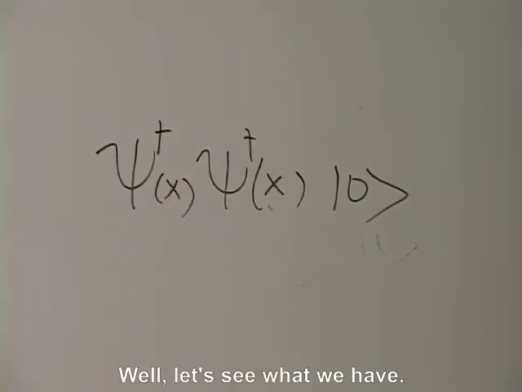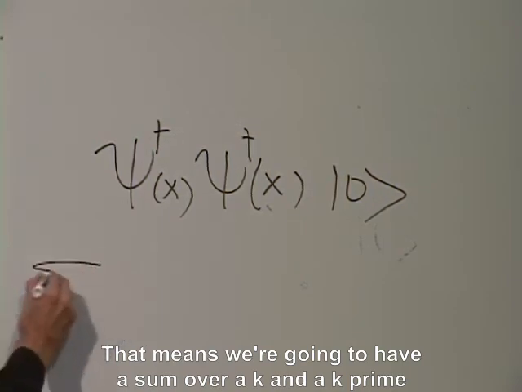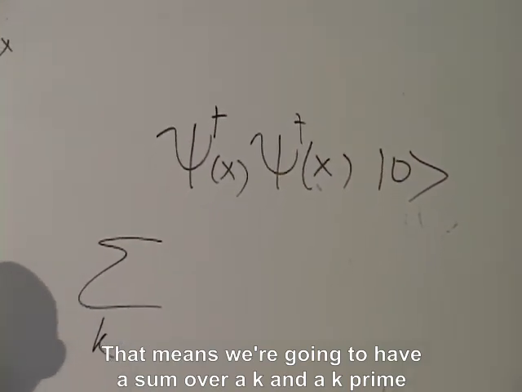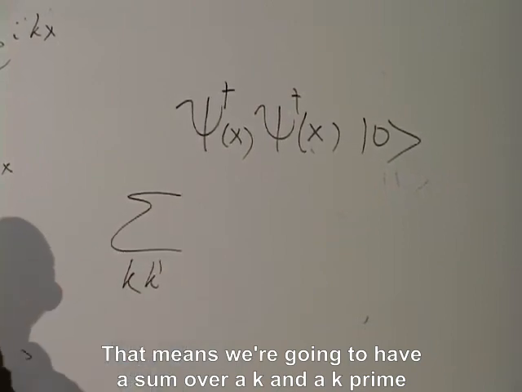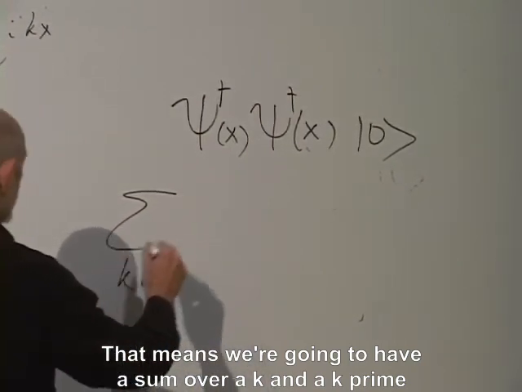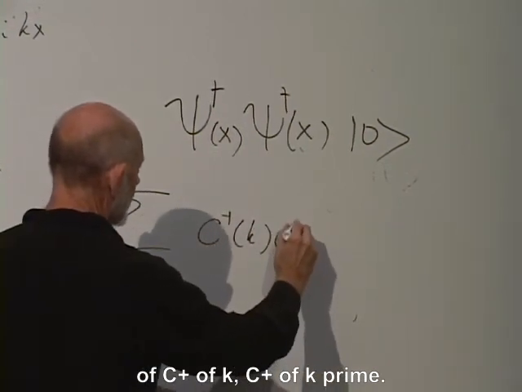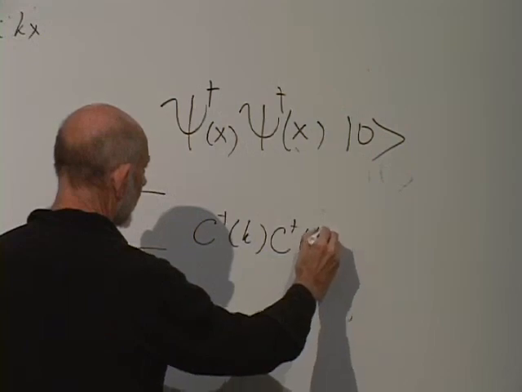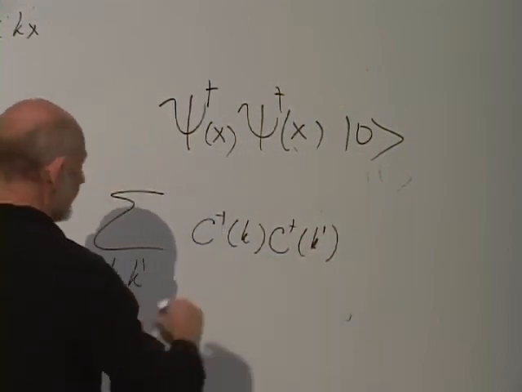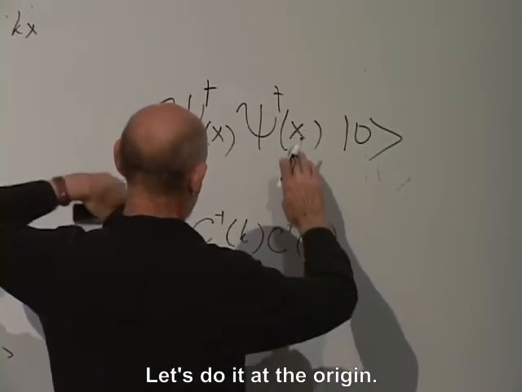Well, let's see what we have. That means we're going to have a sum over a k and a k prime of c plus of k, c plus of k prime, and then let's do it at the origin.